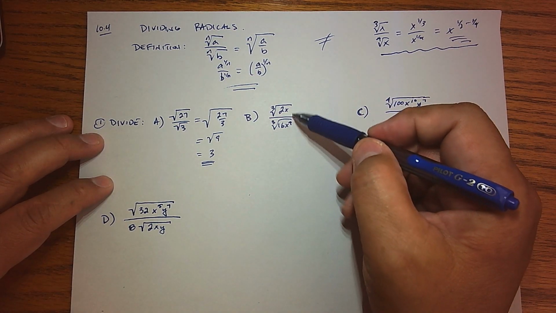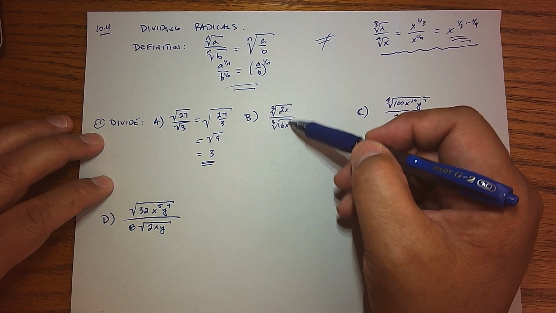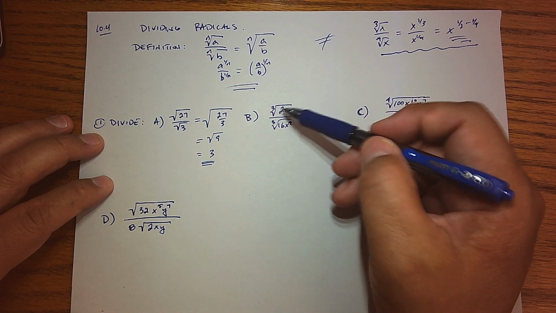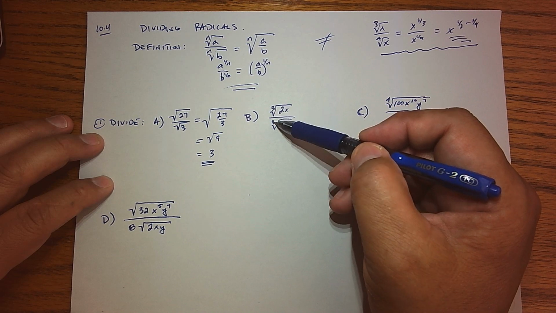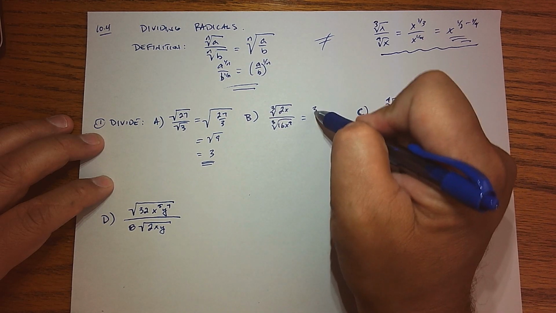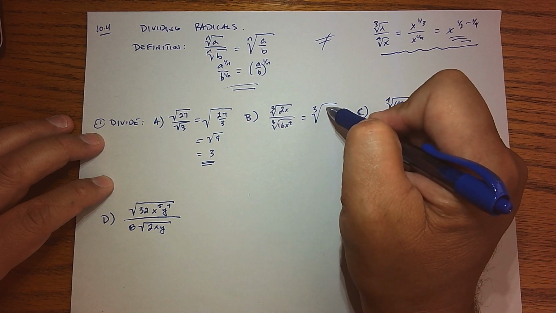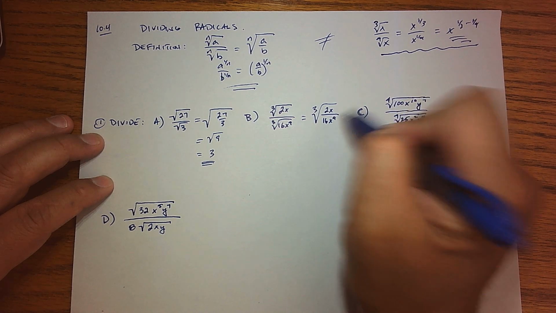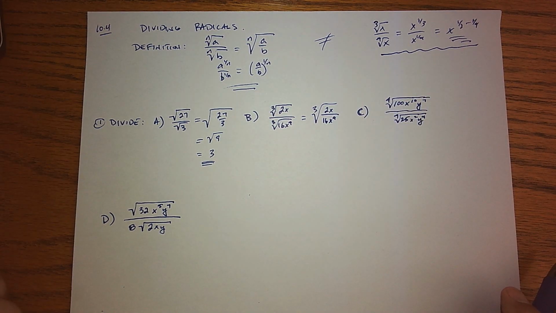Same thing here. We have another division. Again, it's kind of hard to simplify the top. We could do some things to the bottom, but before we do that, I do see that my radicals are the same index. So I can keep this all underneath one cube root and then take my radicand and divide it by a radicand.